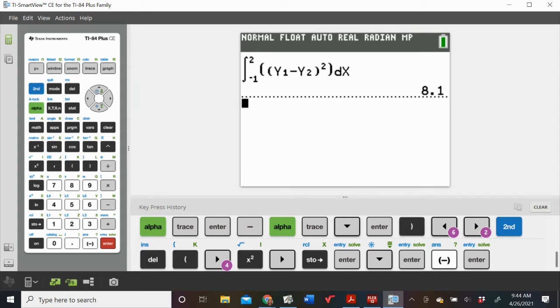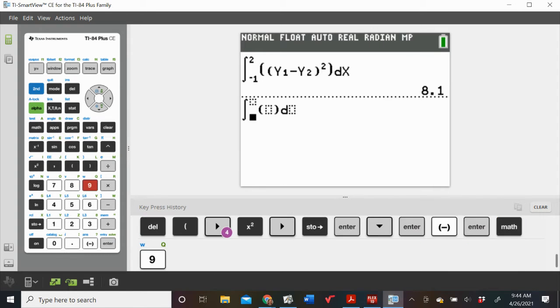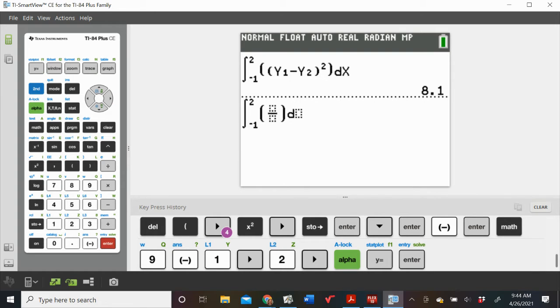Anyway, math 9, the integral from -1 to 2 of the same thing, except now it's a fraction. So alpha y equals a fraction.